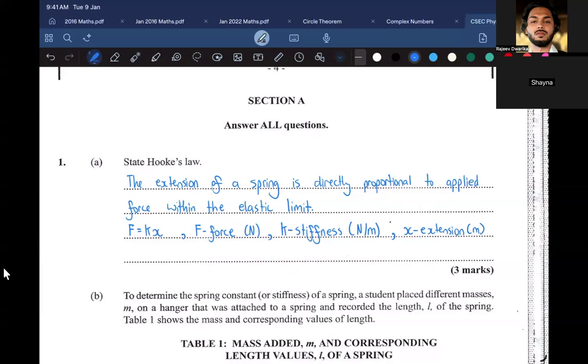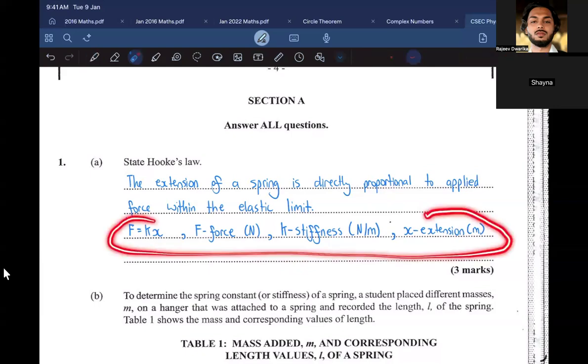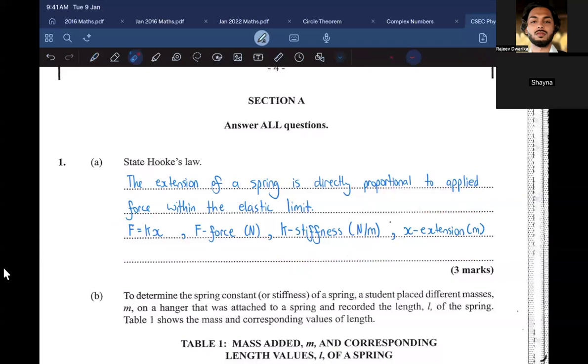This part over here is optional, but if you want to show them that you're really good, that's what to do. All right, sir.